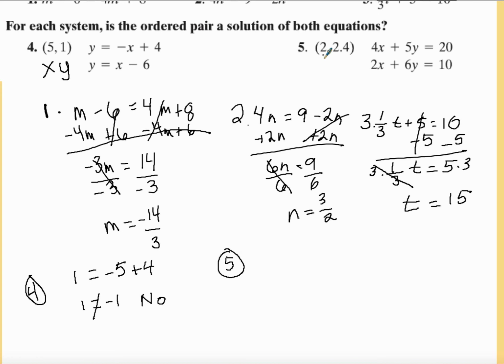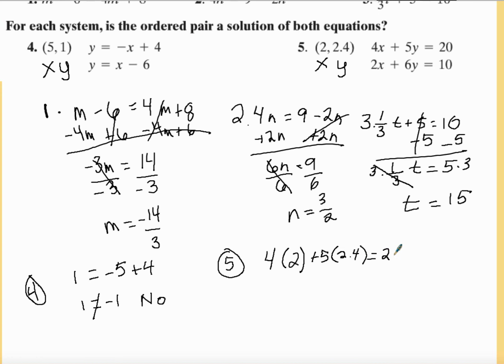Again, here we've got an x value that's 2 and a y value that is 2.4. So we're just going to substitute into these equations. I'm going to start with the top. So we've got 4 times x. We know that x is 2, so we'll substitute that in. Plus 5 times y, which is 2.4.